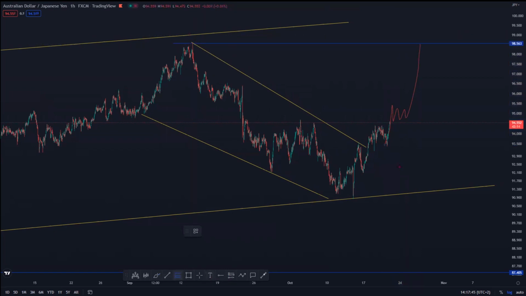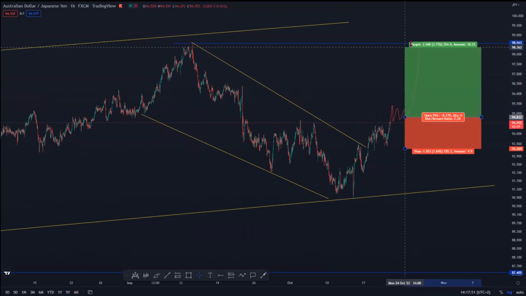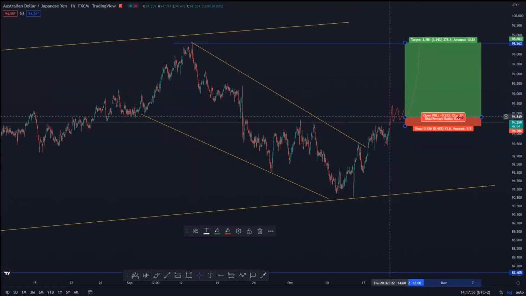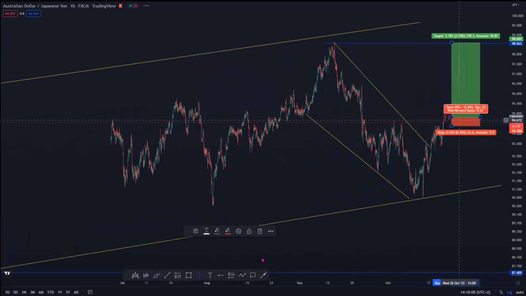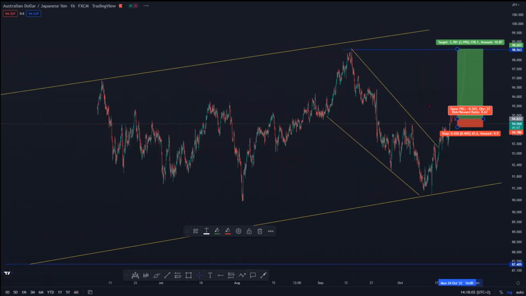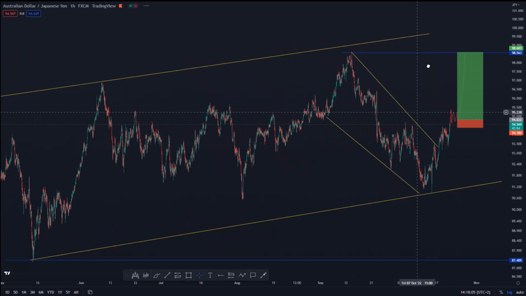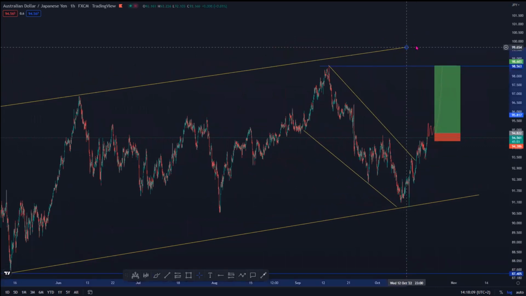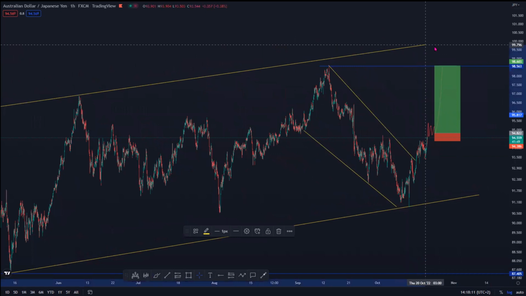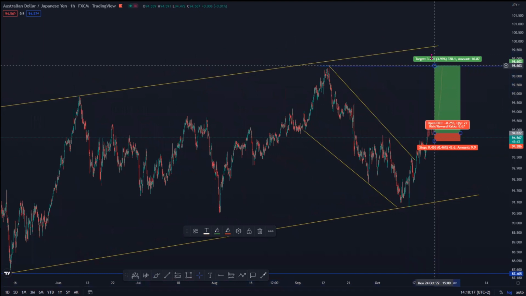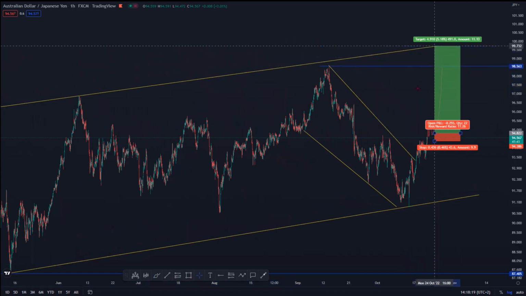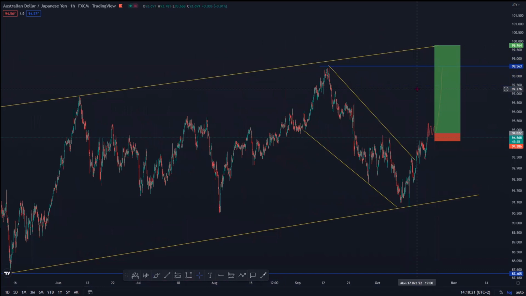Our take profit might be there, meaning the market might reject on the 90% rule of our structure, which is this one, or the market might go up and give us a dead touch. This is a very high probability setup, but anything can happen.